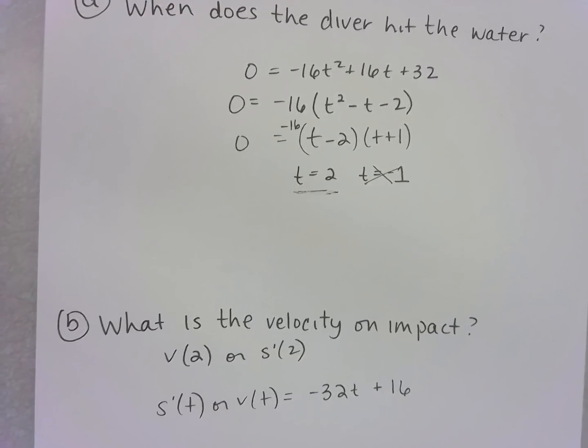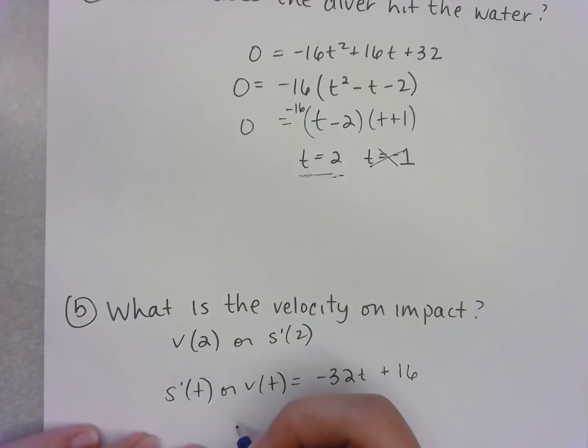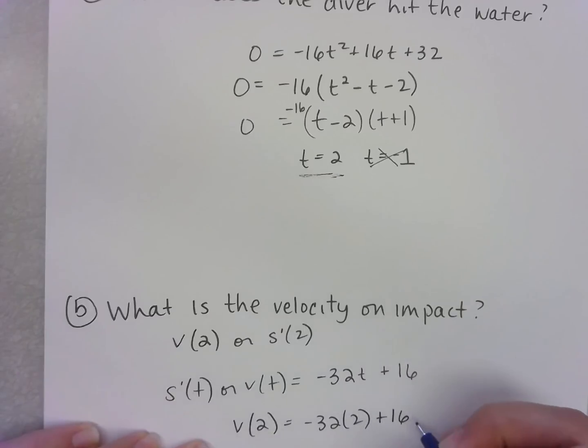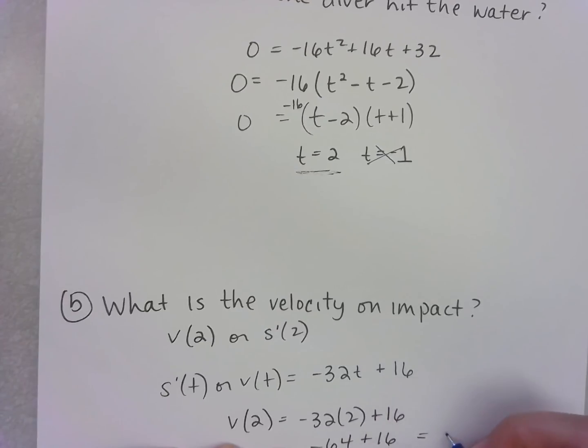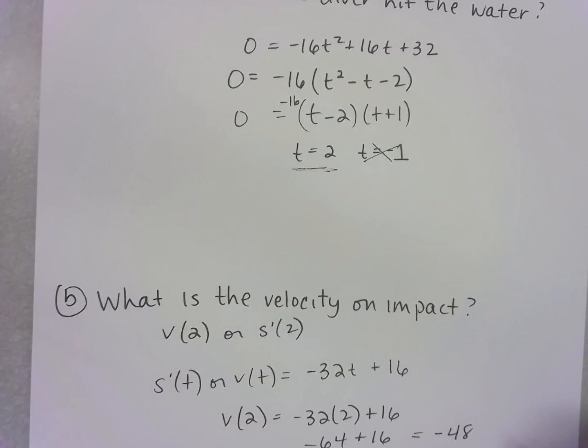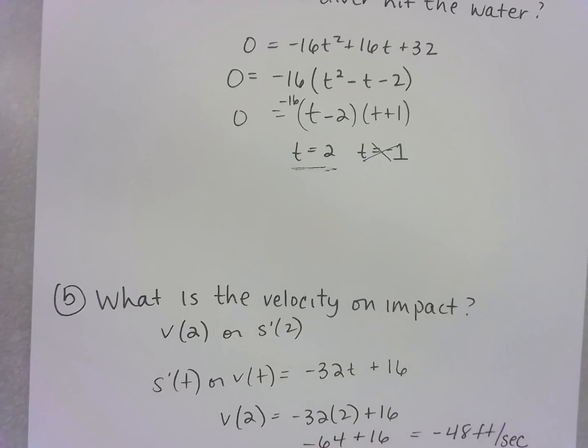I want specifically the velocity at time 2, and so v of 2 gives me negative 32 times 2 plus 16. This gives me negative 64 plus 16, which is negative 48. This is in y over x, so it's in feet per second.